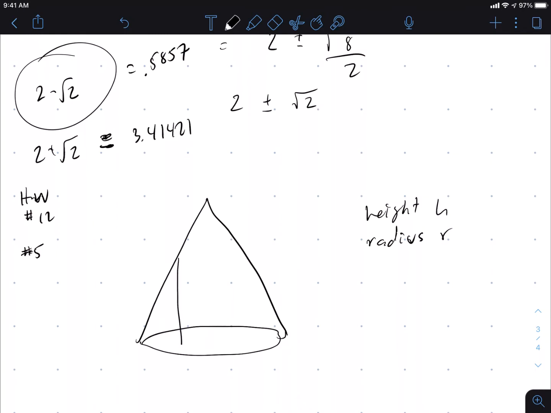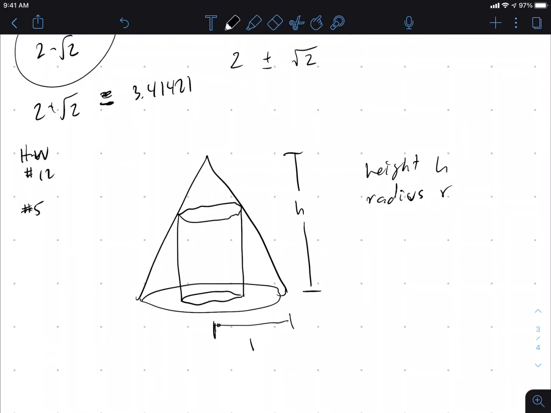So some cylinder is hanging out inside of my cone. Ain't no thing. Okay, and the height of the cone was h, and the radius, I'll do it this way, is r. Okay?